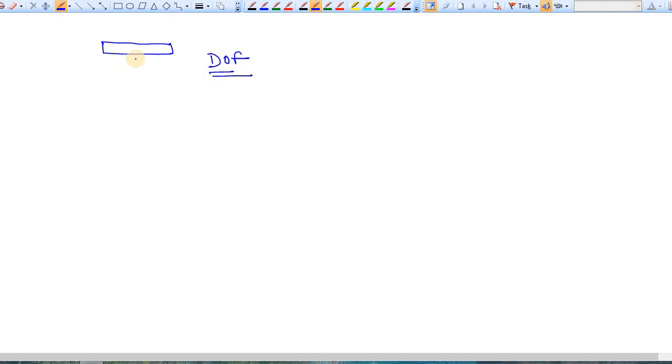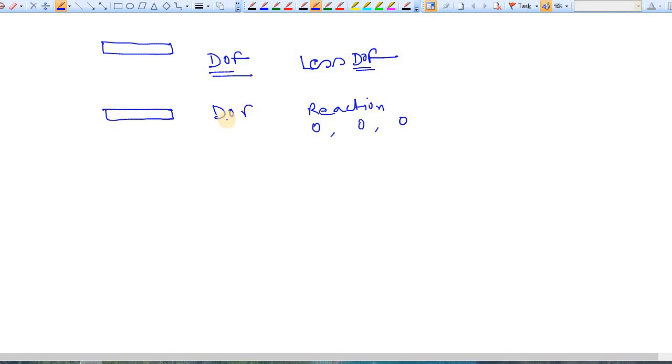Whenever you apply a support, it will have less degree of freedom. Initially it was your object with no support, reaction is 0 in each case, and degree of freedom is full, 1 1 1.